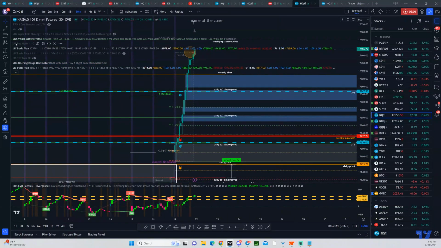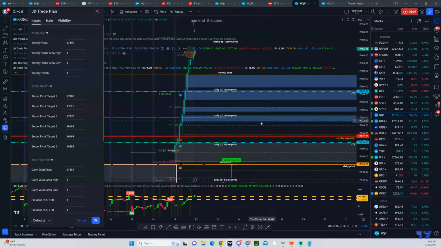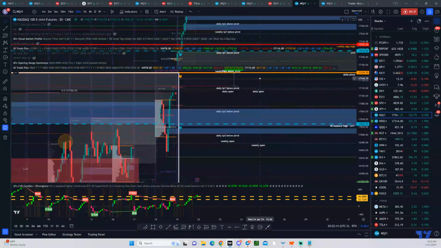So 271, 270, it will fill all those singles. 270. Test of the breakout, 158, probably the half back of the balance.